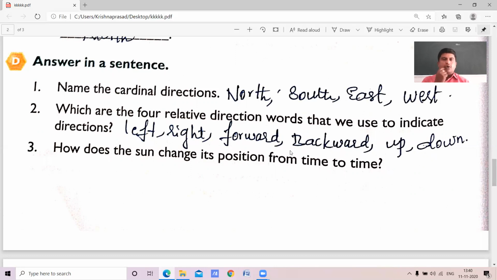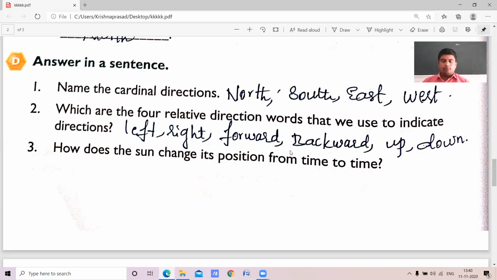Okay, children. Now, moving towards the third question. How does the sun change its position from time to time? The answer has not been written over there. I'm going to tell you with the spelling. In the morning, the sun is seen in the east.